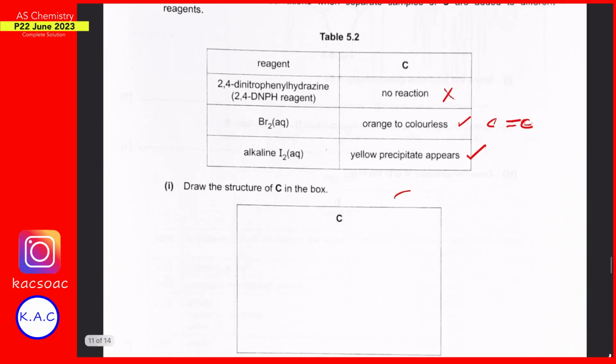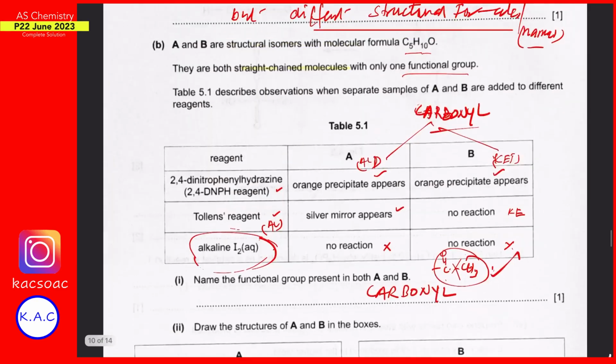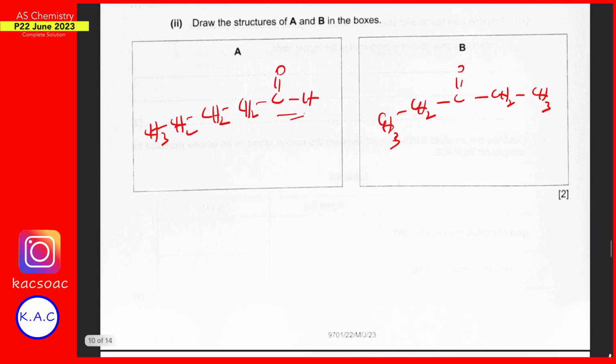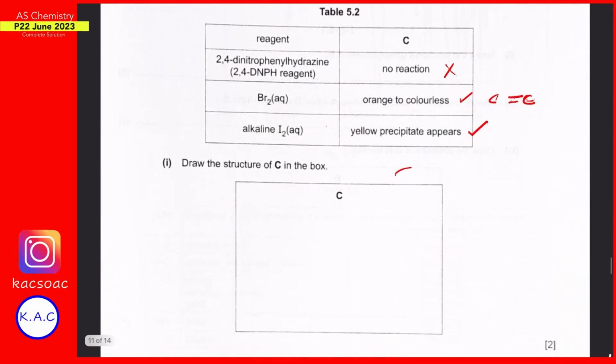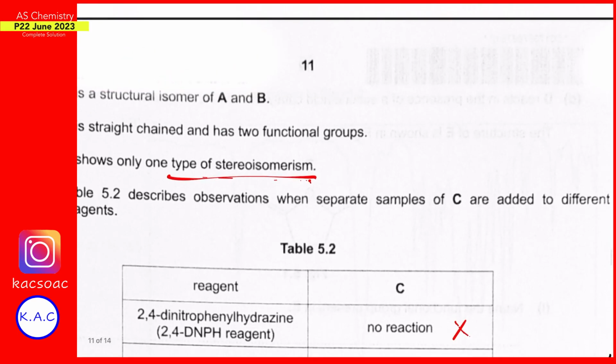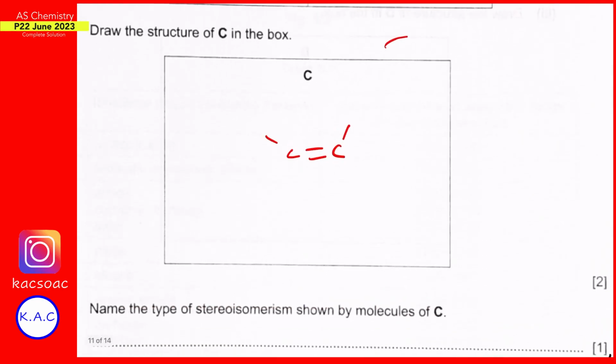So what is C basically? C has 5 carbons, 10 hydrogens, 1 oxygen, and one carbon-carbon double bond, but no aldehyde or ketone. So first of all, I'm going to write a carbon-carbon double bond over here. It shows one type of stereoisomerism, so it may be cis-trans isomerism.